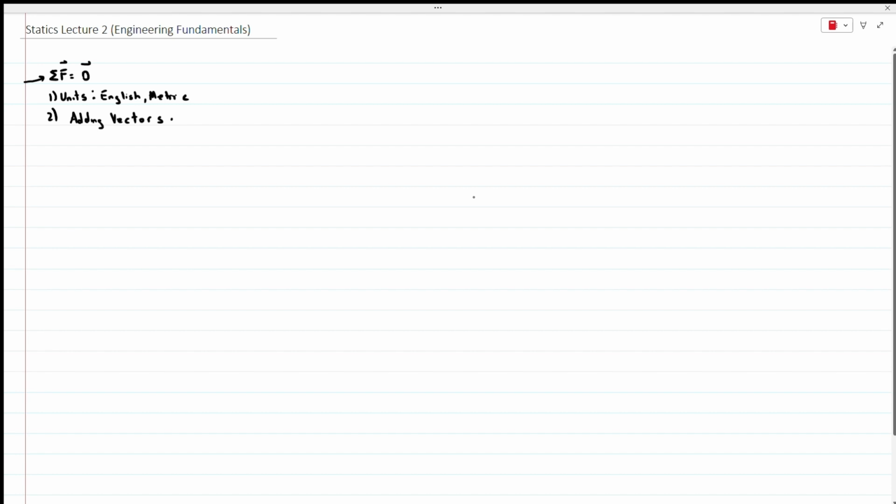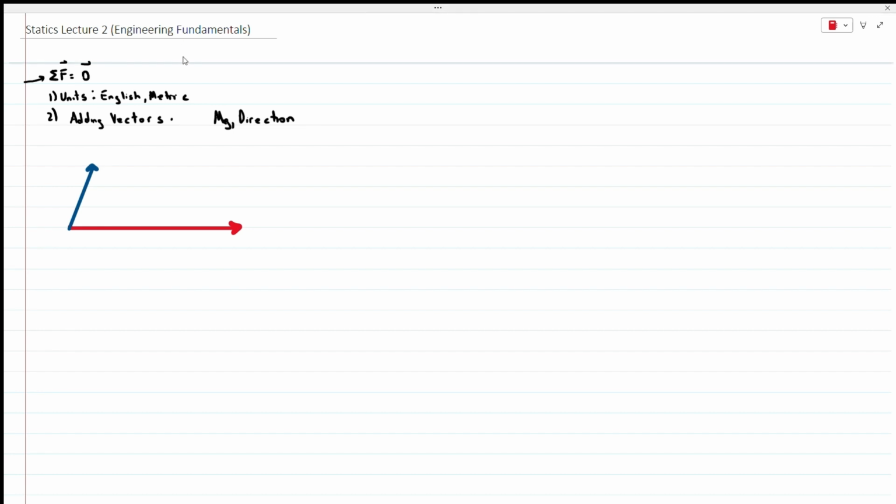Just to remind you, a vector is something with magnitude and direction. What does that mean for us? If we had two vectors that we wanted to sum, like this vector here, A, and another vector shown, vector B, these vectors have associated lengths.